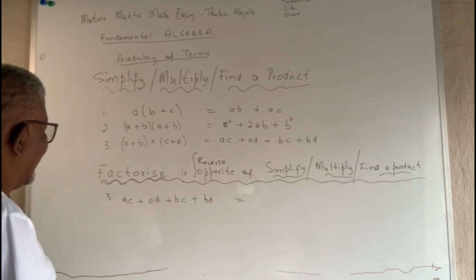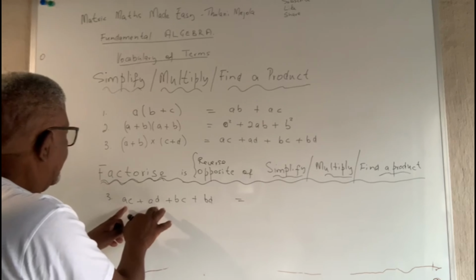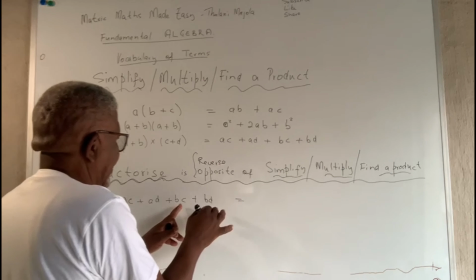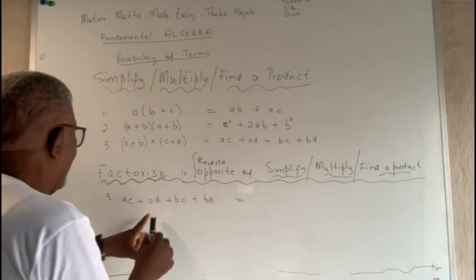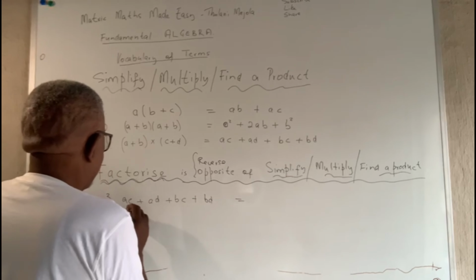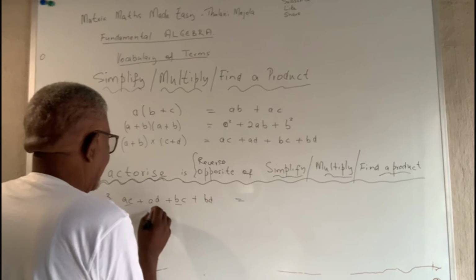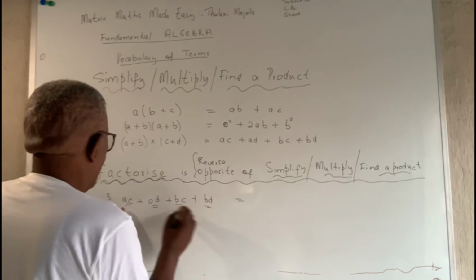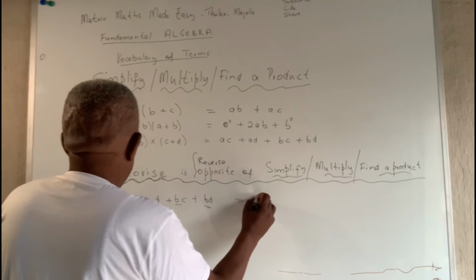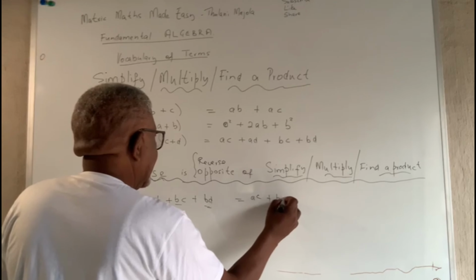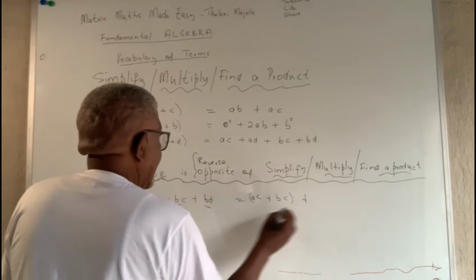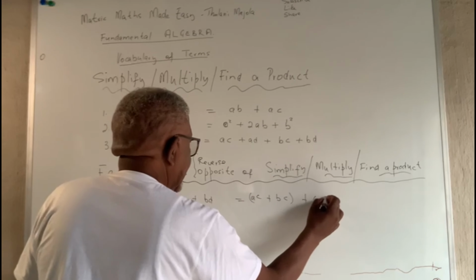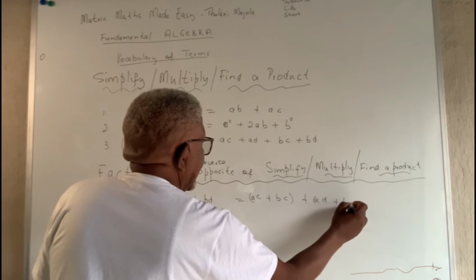What is interesting here is that we don't necessarily have to take the first two terms or the last two terms. It depends on your liking. So you say, I see a C here, a C there, and a D there, and a D there. So you separate them: AC plus BC in brackets, plus AD plus BD in brackets.